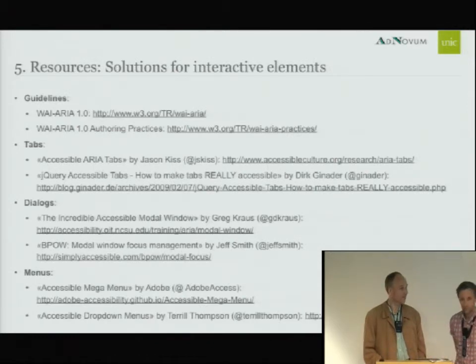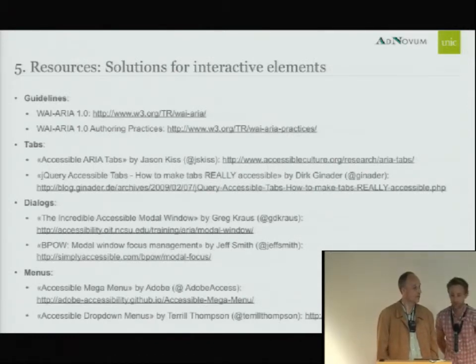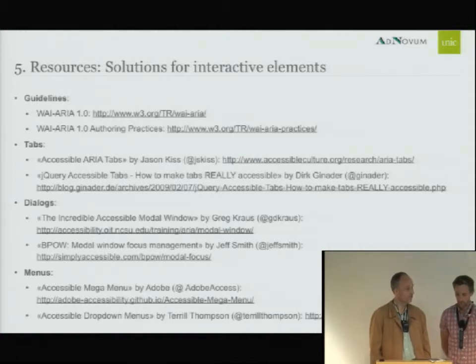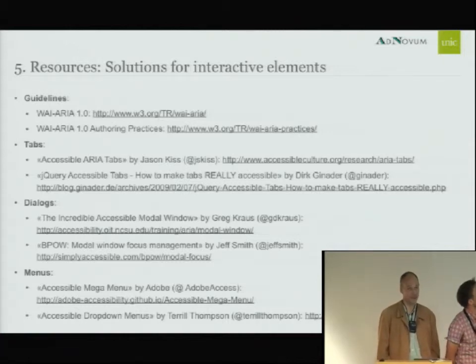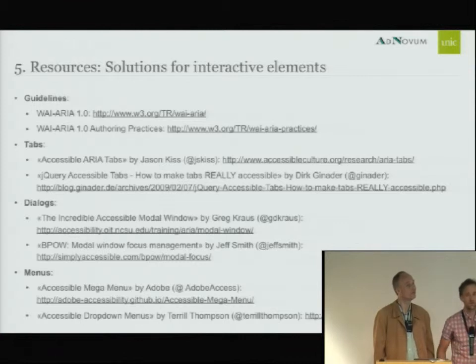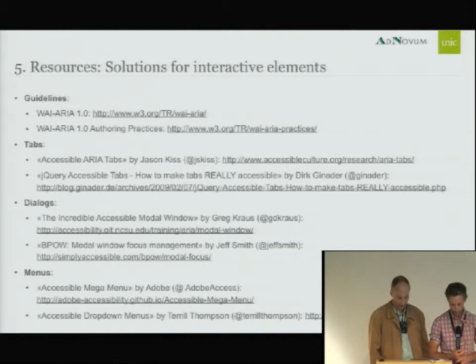And if you care about interactive elements, ARIA is the place to go. So like WCAG, it's a W3C recommendation, although not as far in the process as WCAG is. So it's still a candidate recommendation.